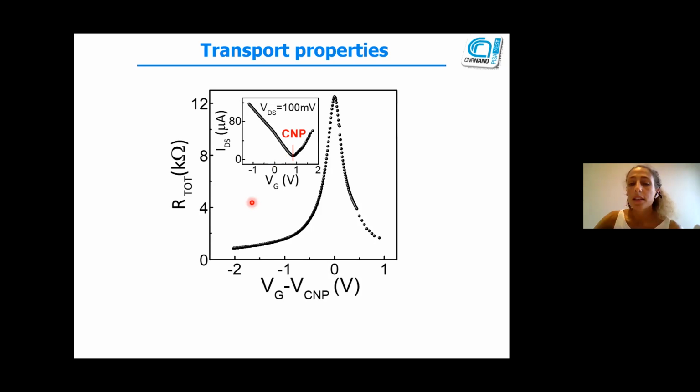In this case it was reached applying a gate voltage of 0.8 volt, which depends on the choice of the metal for the contacts. And moreover, we could measure the mobility of the sample, which is around 1000.